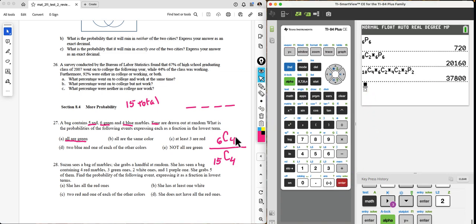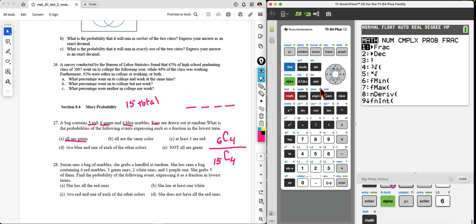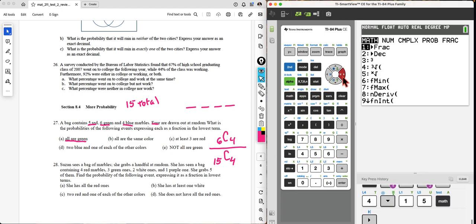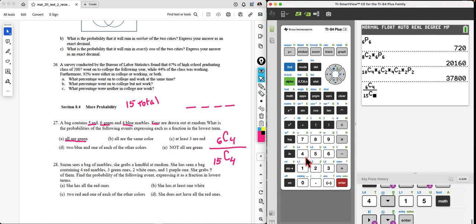It's just a nicer way to do it. I'm going to do 6 choose 4 on the top. So I do 6, math, arrow over to probability, go down to combination, and we're going to choose 4 of those for the green. And then for the total, I'm going to do out of 15, I then choose 4.